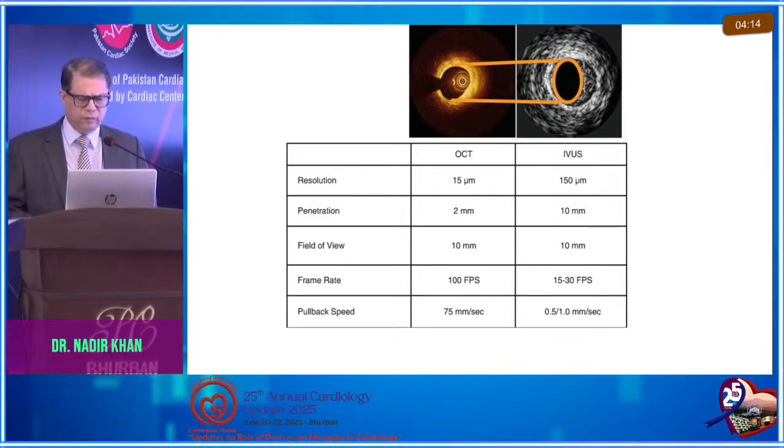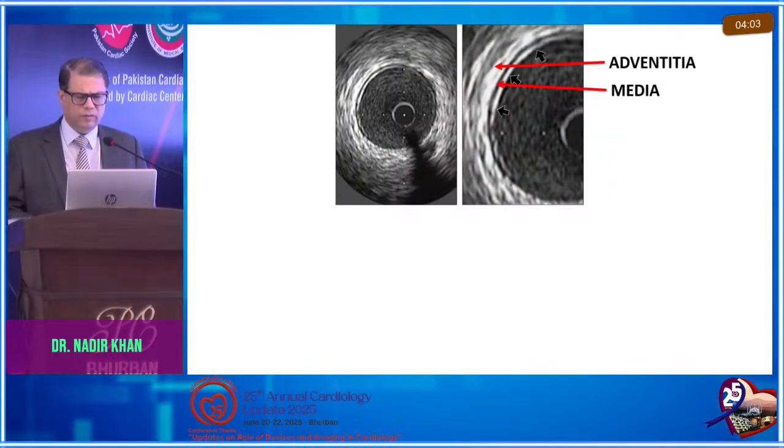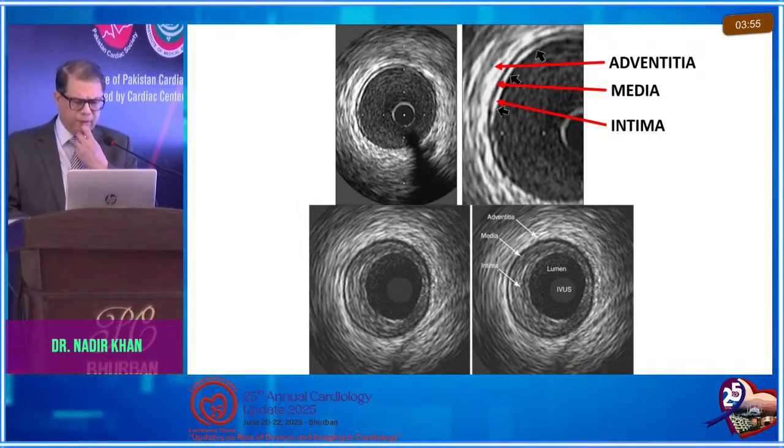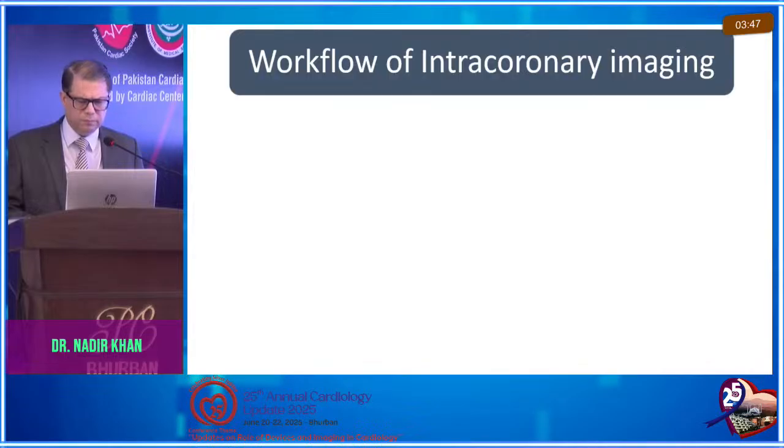Other than that, OCT gives very good resolution and nicer pictures. This is an IVUS image showing a normal vessel with intima, media, and adventitia. This is another picture with plaque present under the intima.